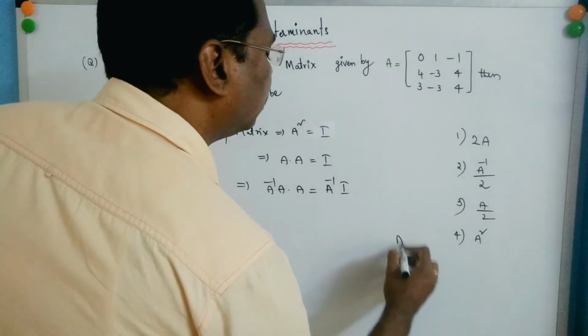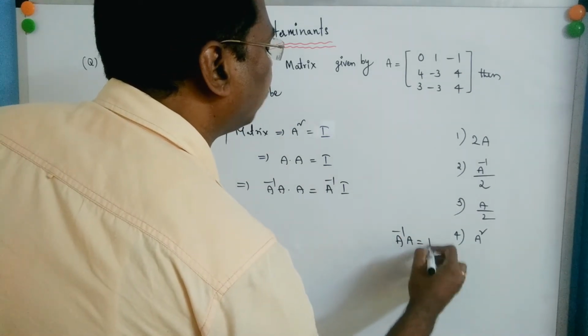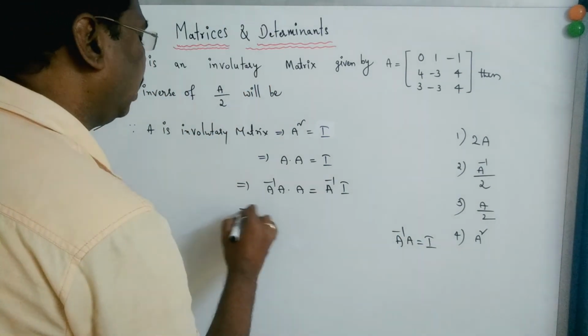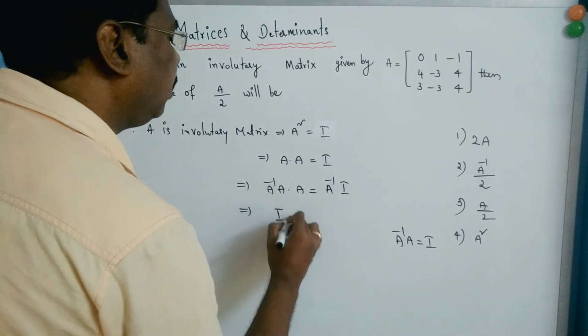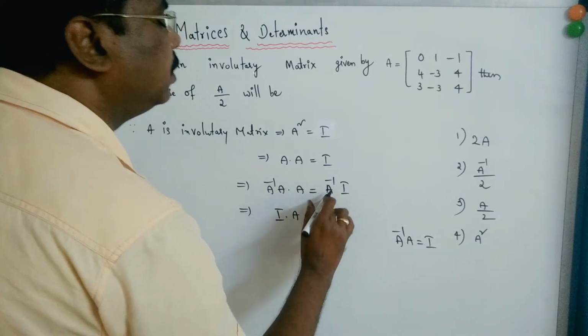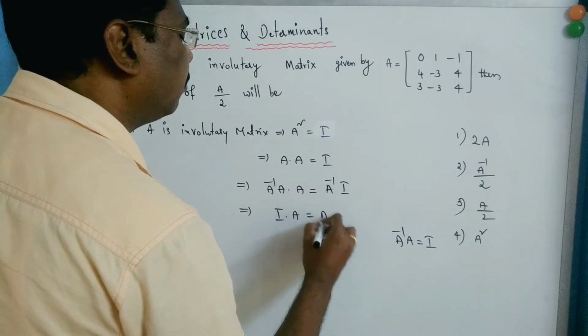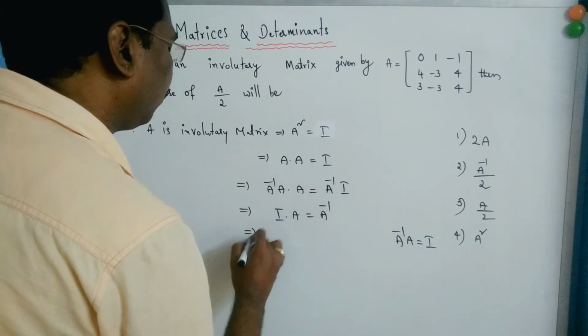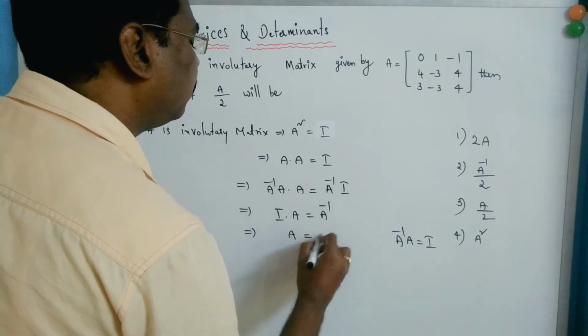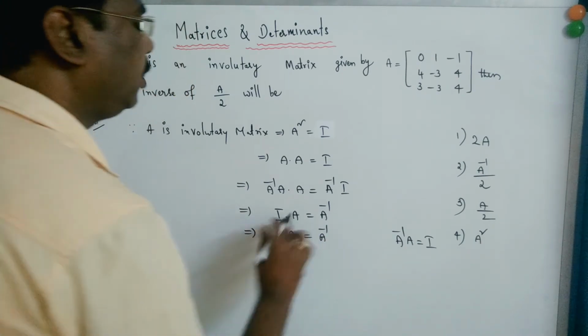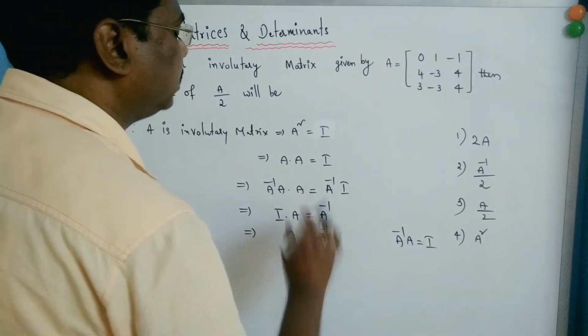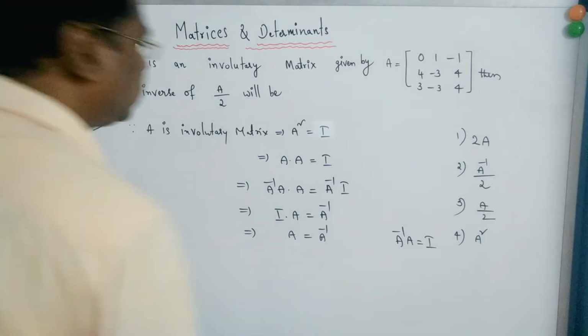We know that A inverse into A is equal to I. Okay, now I into A is equal to A inverse into I, A inverse. Therefore, A is equal to A inverse.